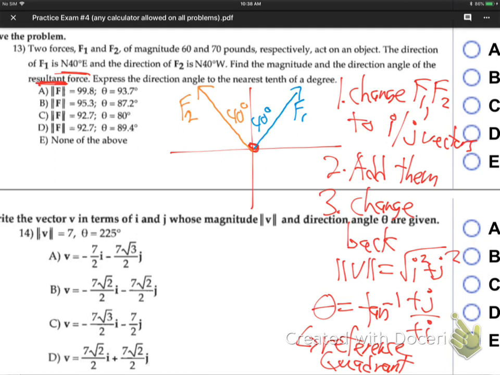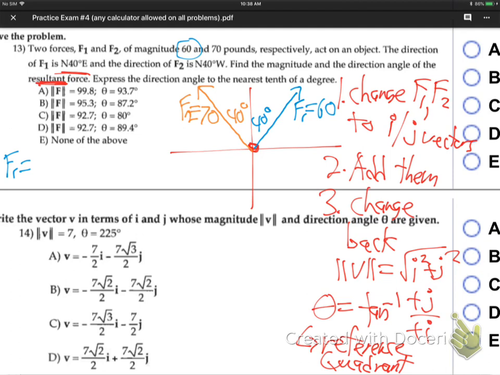All right, you got to turn those into i and j. Remember, how do we turn forces into i and j? Remember what it always is? How much is force 1? 60. So it's 60 pounds in that direction. Force 2 is 70 pounds, a stronger force in the westerly direction, northwest.